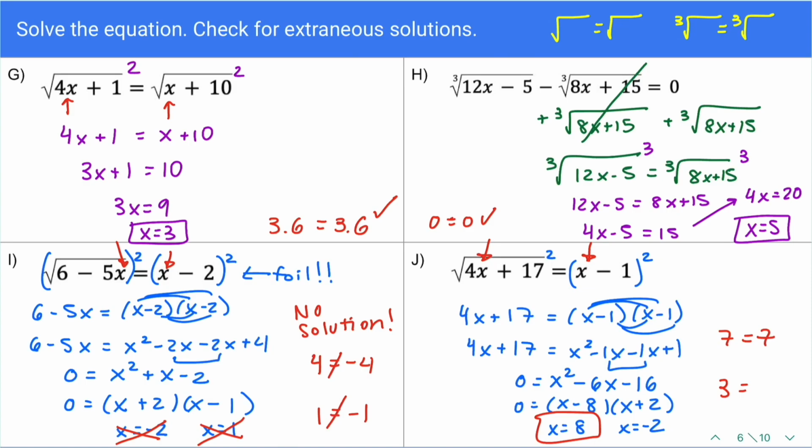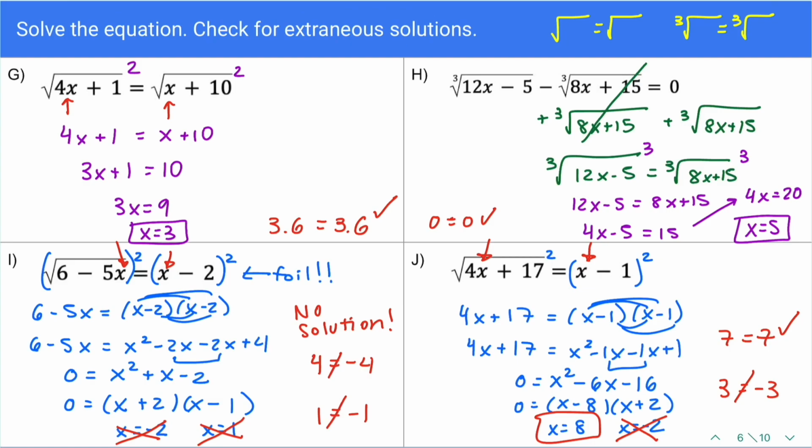I have negative 2 minus 1, that gets me negative 3. Well, those are not equal, so that second solution is extraneous. You see how important that check is? I know it's a pain, but you do have to verify that those are the actual solutions that we want.